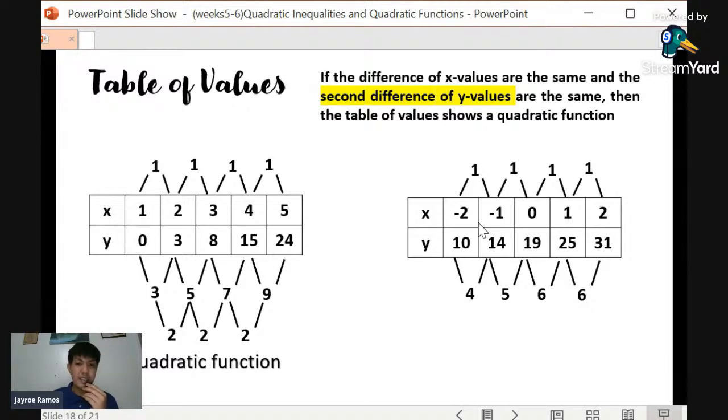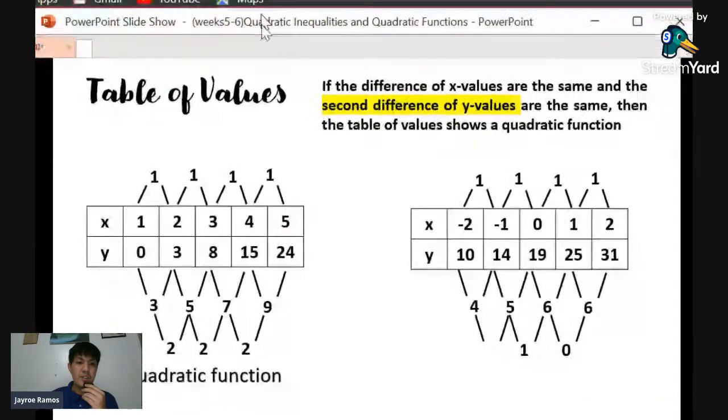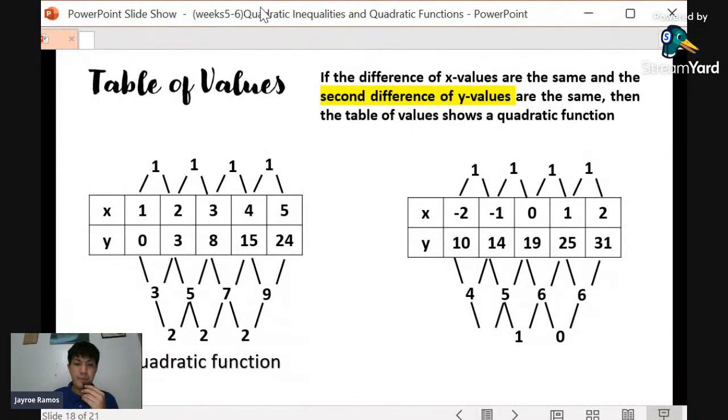Second difference: 6 minus 6 is 0, 6 minus 5 is 1, and 5 minus 4 is also 1. Now, based on the second difference, hindi po sila magkapare-pareho. So magkakaiba po.